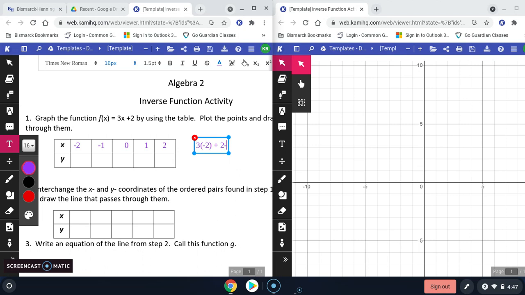Okay, and that's going to equal -4. Okay, so here is going to be -4.